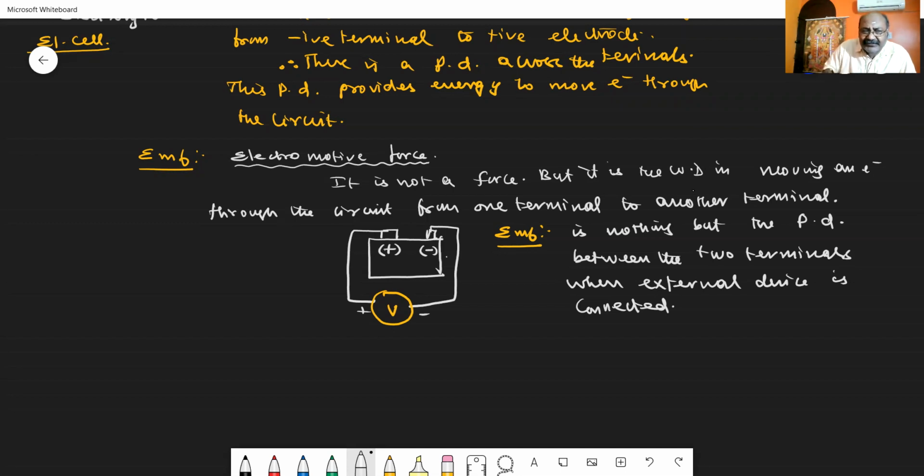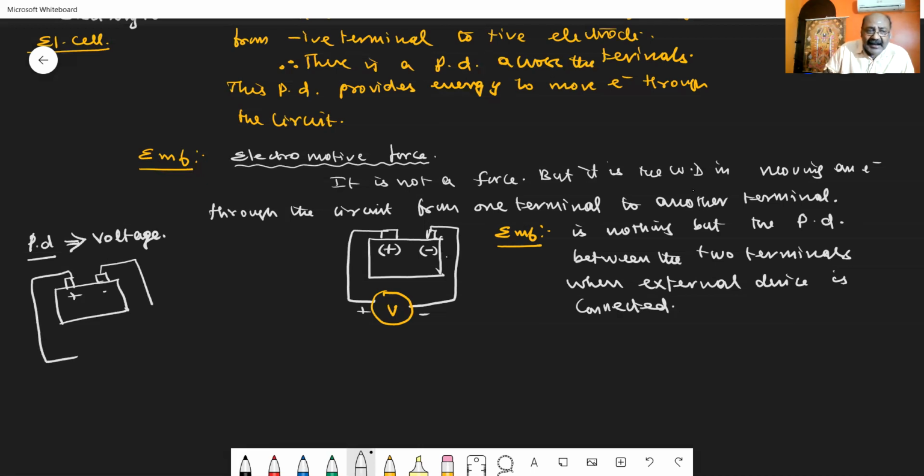See, the same EMF or the same potential difference can also be represented as voltage, or we can say potential difference. If you are taking this battery and connecting its terminals across a resistance, and then taking a voltmeter to measure the potential difference across any two ends, the reading given by the voltmeter is voltage, or potential difference.